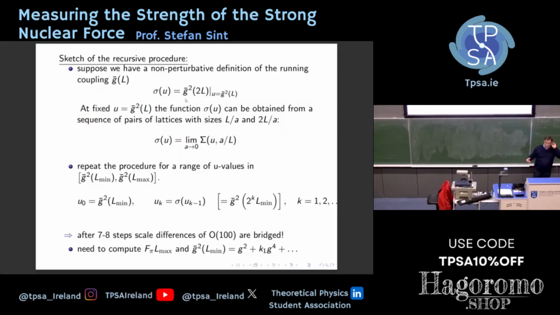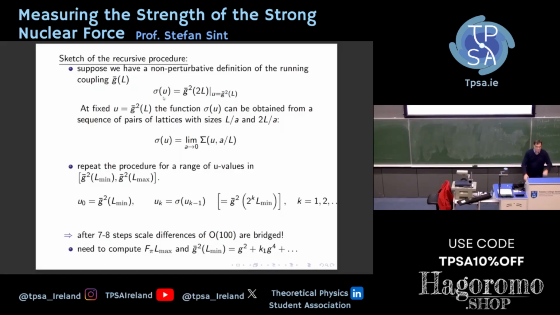You take pairs of lattices, and then you define, in the continuum, a function little sigma of u, which is the coupling constant at twice the box size, with u being the coupling at the original box size. So sigma of u basically tells you, given the coupling at L, what is the coupling at twice L?